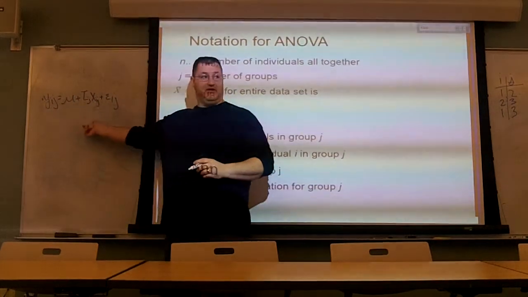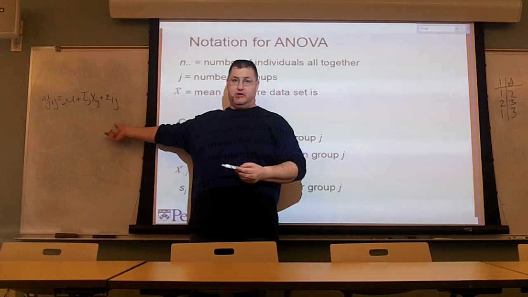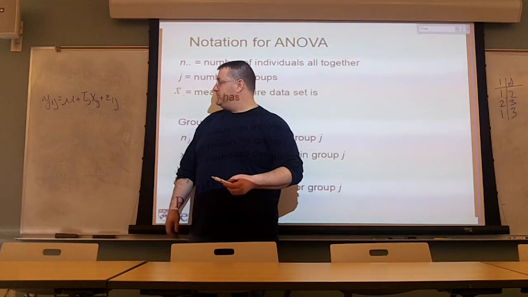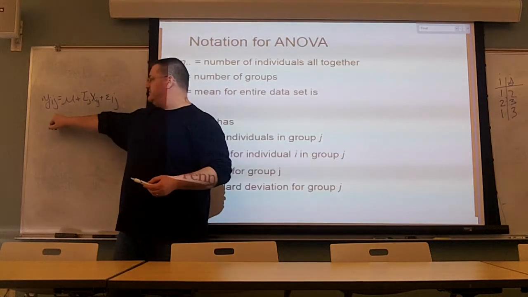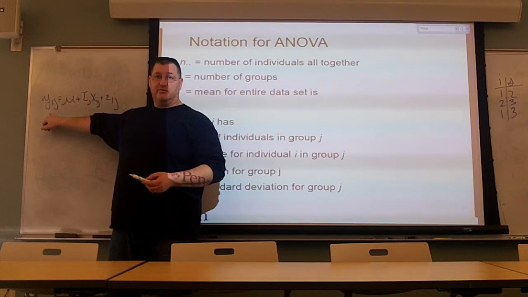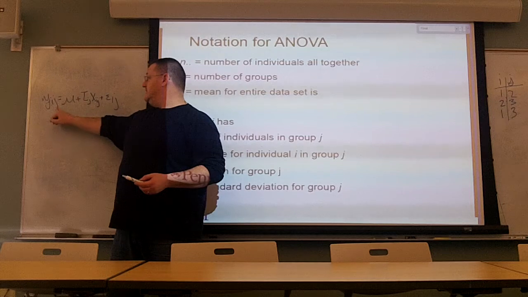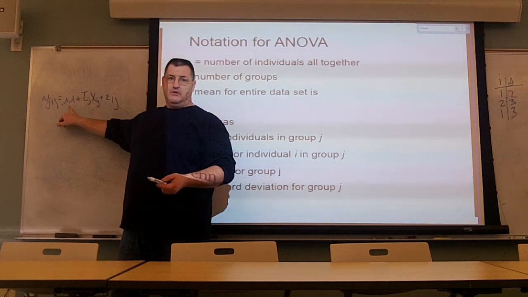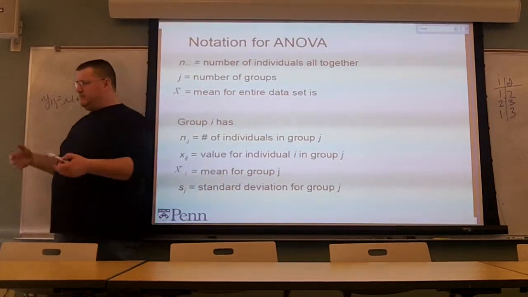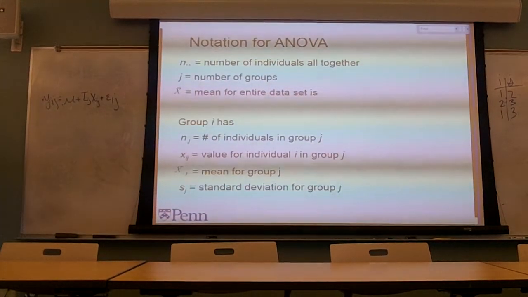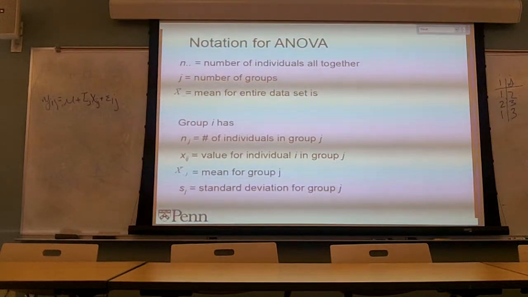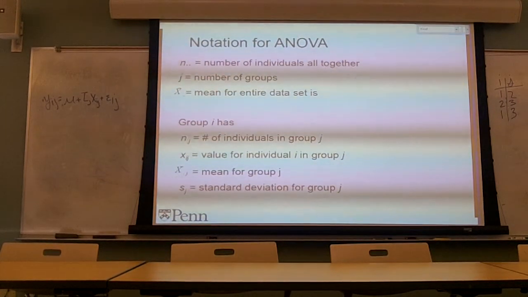So now it's a little bit different, isn't it? Where'd the betas go? They're gone. The Y_ij is still the same here. So this is the expected value for person I within group J. Now the intercept is now mu. When we've seen mu before, when have we used mu? Population. Usually represents the grand mean, the overall mean.